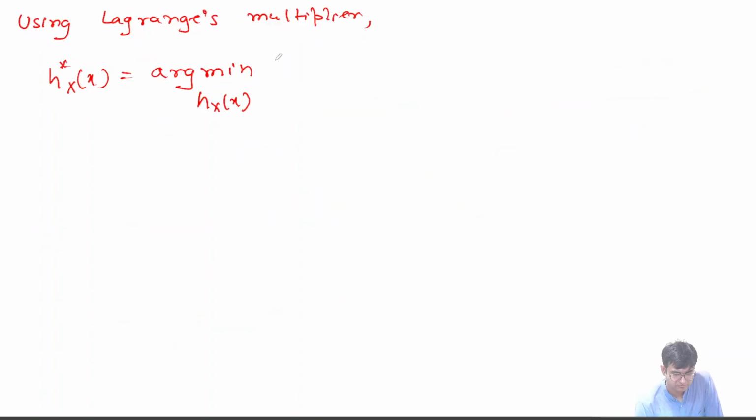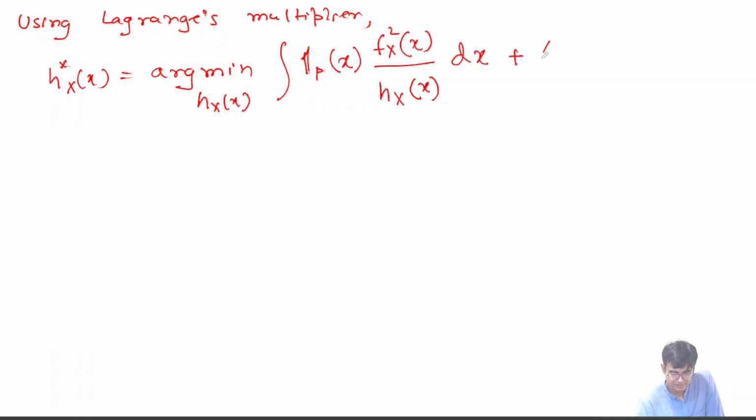So the integration of the indicator function multiplied by w square, which is fx square by hx, x dx, plus lambda times the constraint, the integration of hx x dx minus 1, because in the Lagrange multiplier the right hand side should be 0.